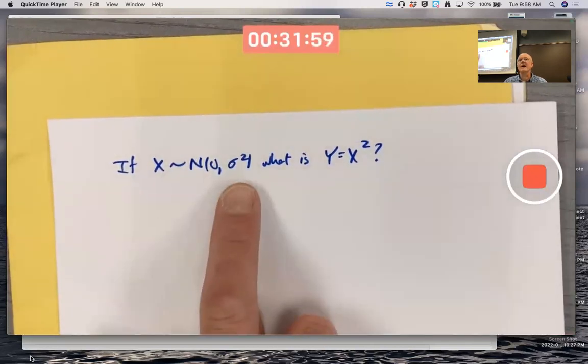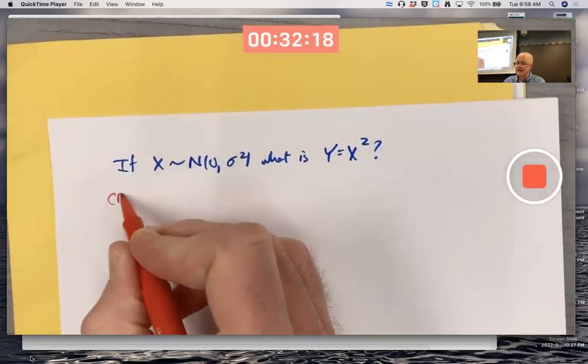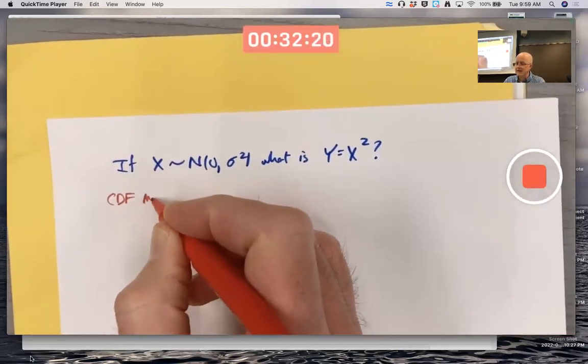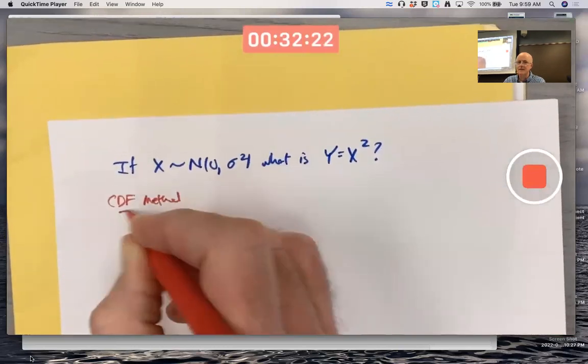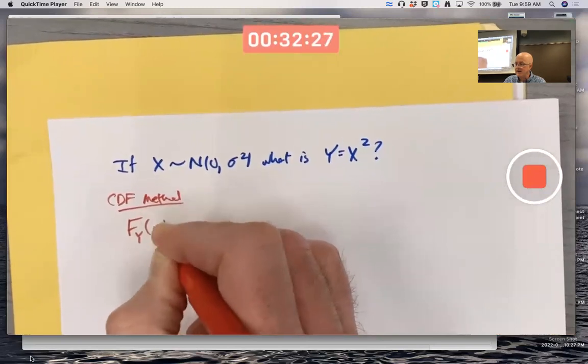Well, it's a little harder now. Sigma squared is not necessarily 1, although it would be if the null is true. Could we still figure out the distribution even if we don't specify what sigma squared is? Yep, and we can even use the same method. Your old friend, the CDF technique. What's the CDF of capital Y?